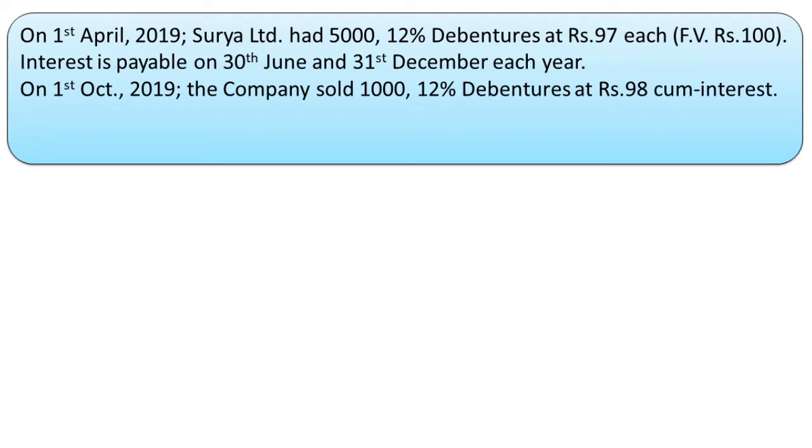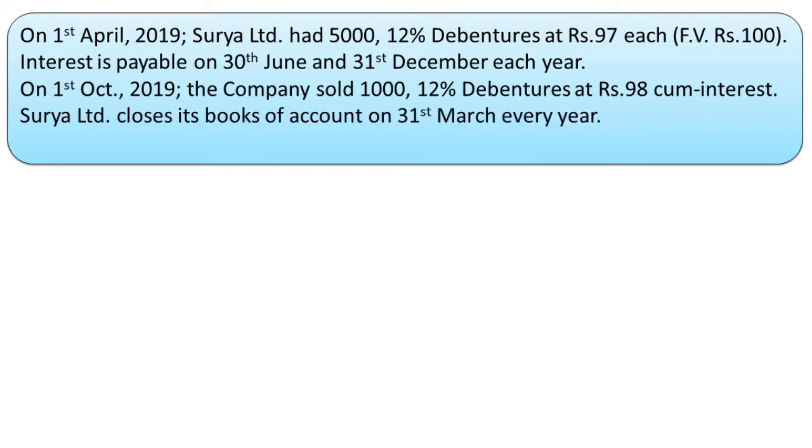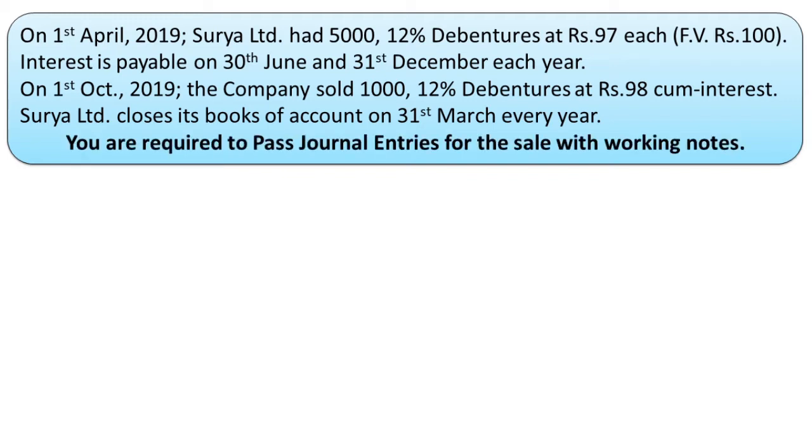On 1st October 2019, the company sold 1,012% debentures at Rs 98 cum interest. Surya Limited closes its books of accounts on 31st March every year. You are required to pass journal entries for the sale with working notes.